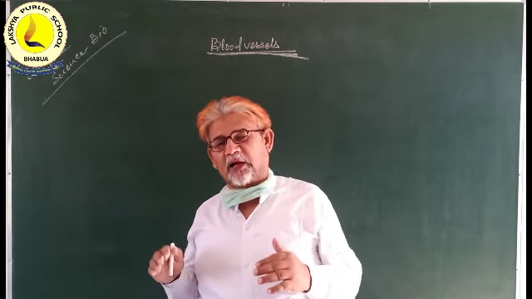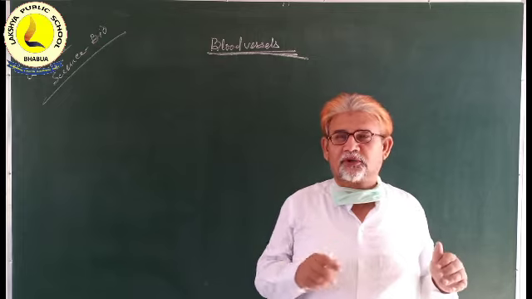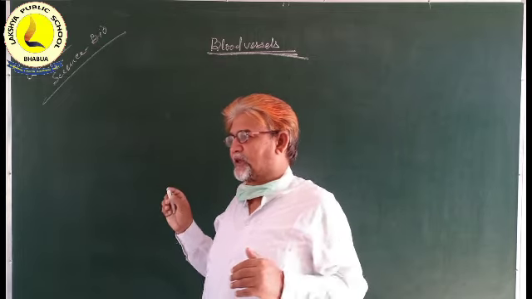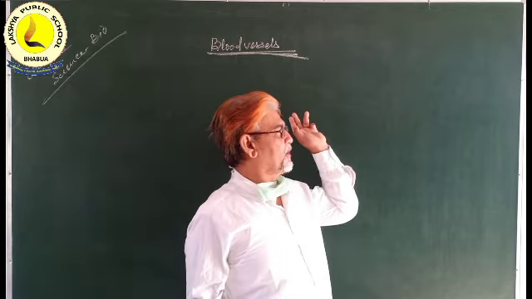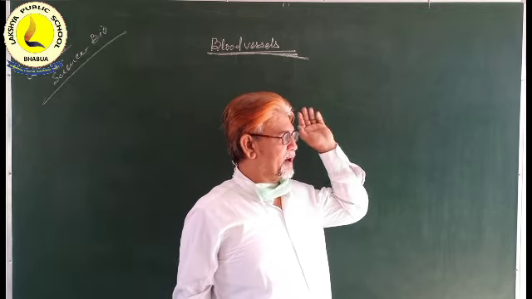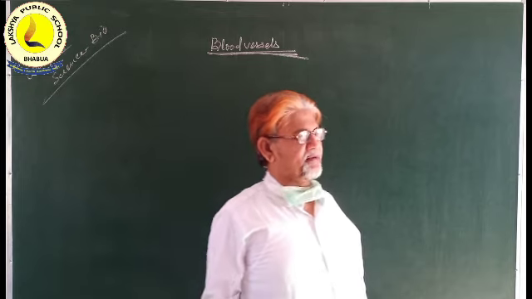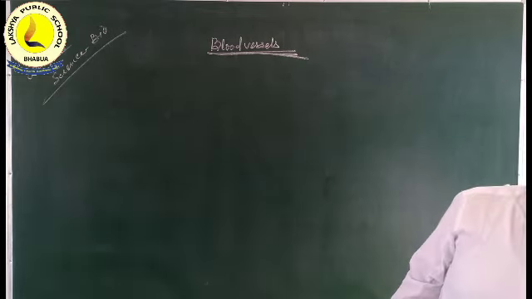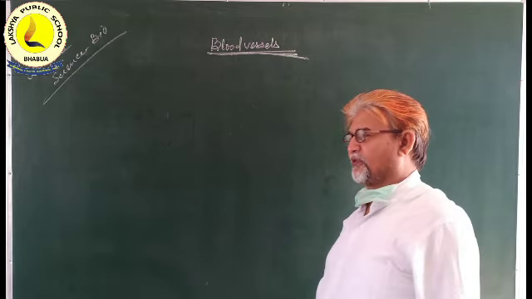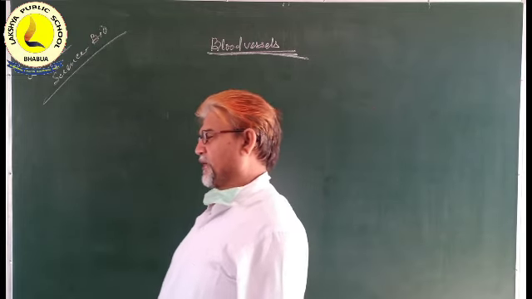Today I will teach you about the blood vessels, which are hollow tubes made up of special types of contractile muscles, and they are the way by which the blood flows throughout the body.